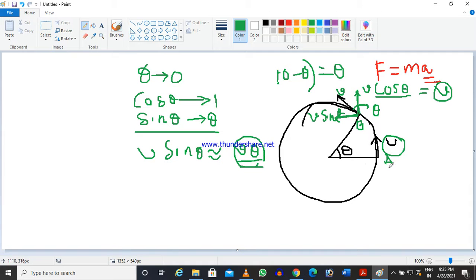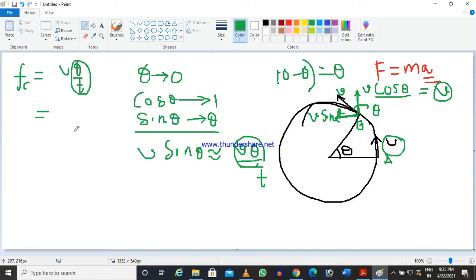Say to reach from position A to B it took t time. So now the centrifugal acceleration f is equal to v theta by t. Now this theta by t, what is this theta by t?